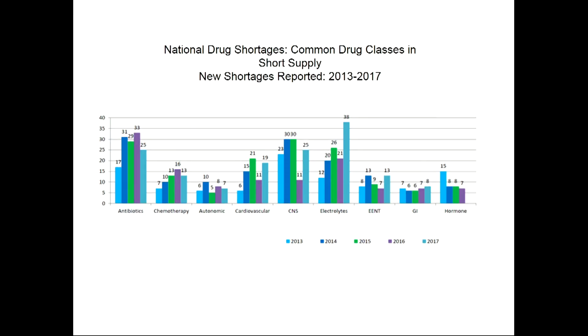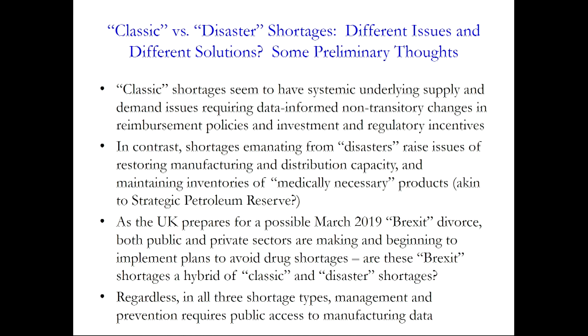And as a result, what you see here, earlier I showed you a slide, and I'll quit here very quickly, that showed the composition amongst shortages by therapeutic class, with CNS and antibiotics being the most common. Now you see, especially for 2017, the electrolytes are dominating in terms of therapeutic class.